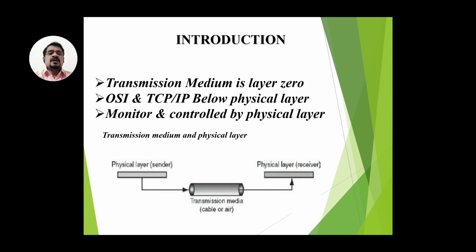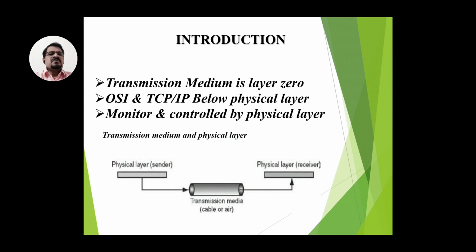We all know the OSI 7-layer model and the TCP/IP 4 or 5-layer model. In these, the physical layer is common to both models. So this transmission medium is placed below the physical layer, and we call it layer 0.